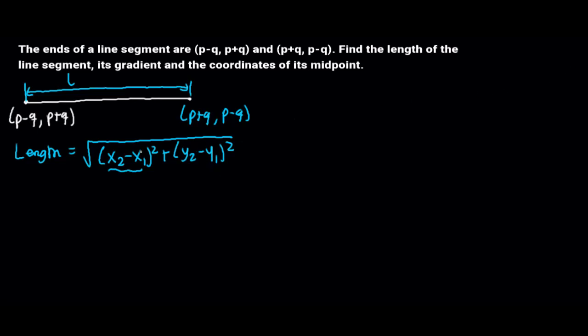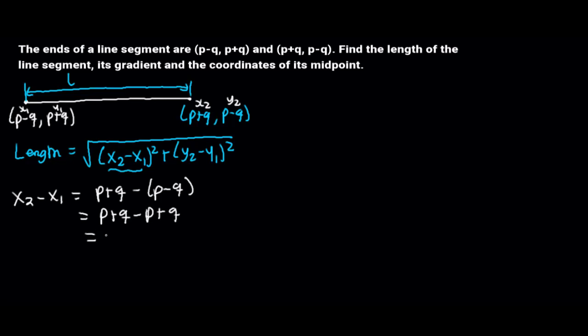Let's call these x1, y1, x2, y2. So my x2 minus x1 is given by P plus Q minus into bracket P minus Q. And this gives me P plus Q minus P plus Q, and so I'll get 2Q.